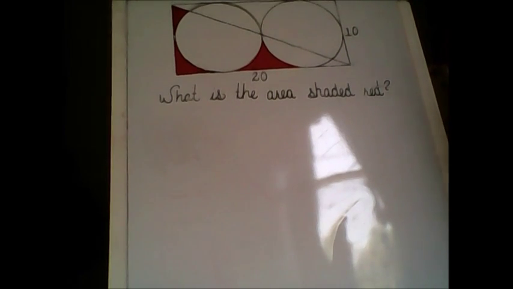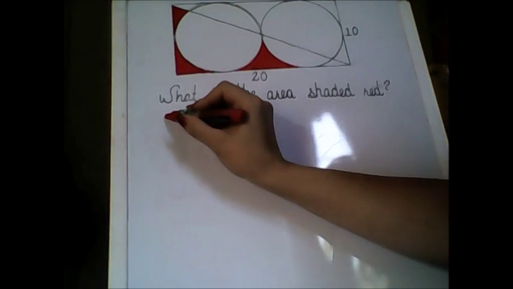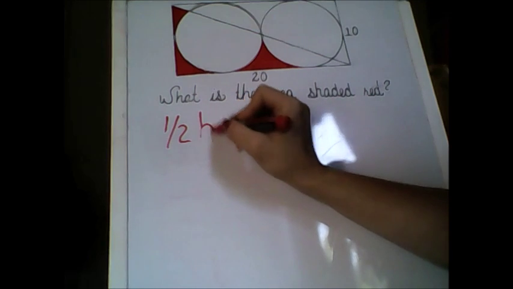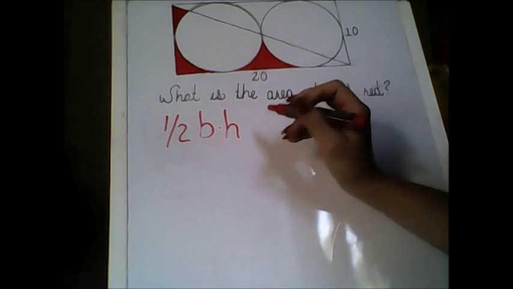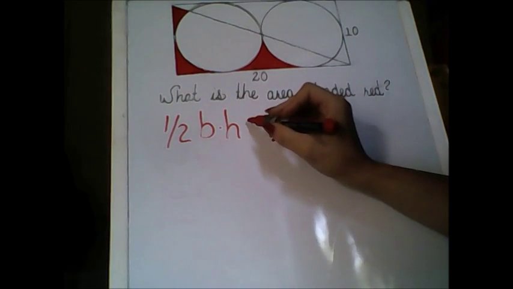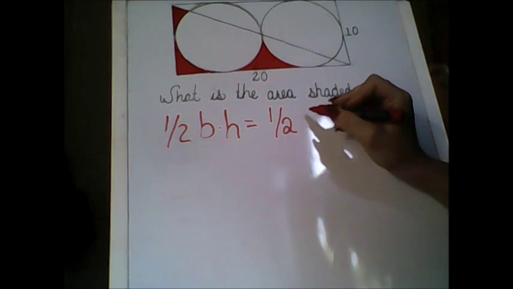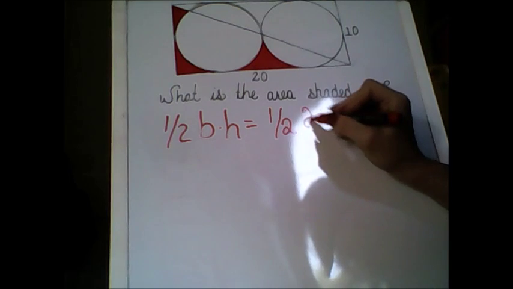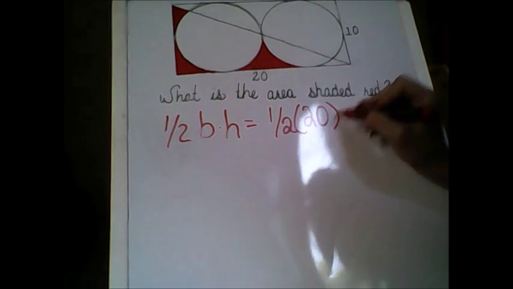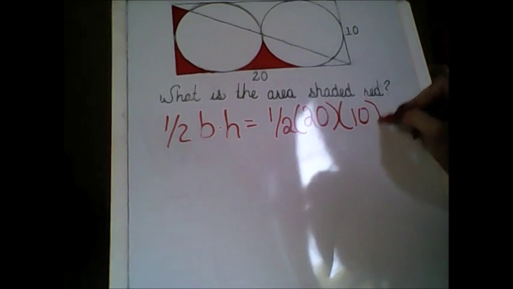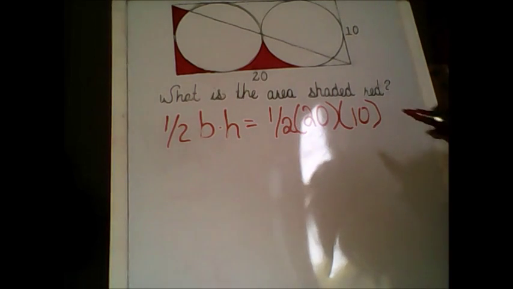So the formula for a triangle is 1/2 base times its height. So this would be 1/2 times 20 times 10.